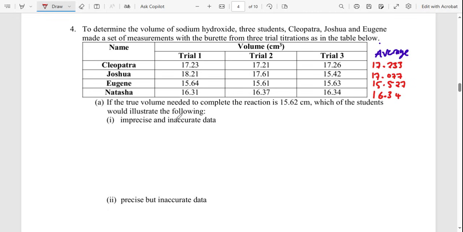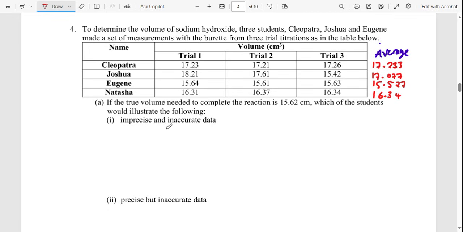if the true volume needed to complete the reaction is 15.62, okay, which of the students would illustrate the following? Imprecise and inaccurate. Now, to be imprecise means that the values that are repeated measurements are not close to each other.